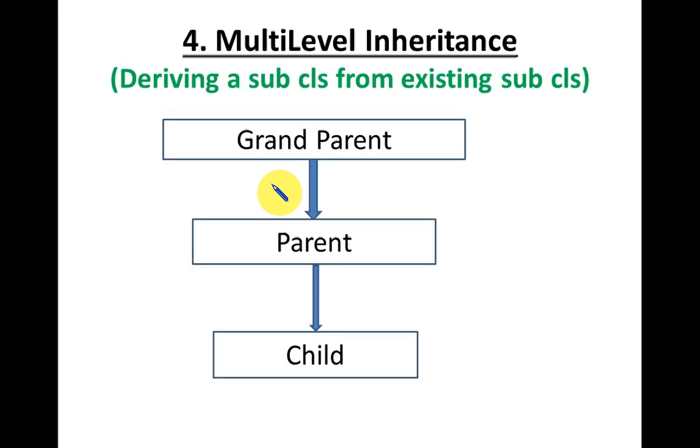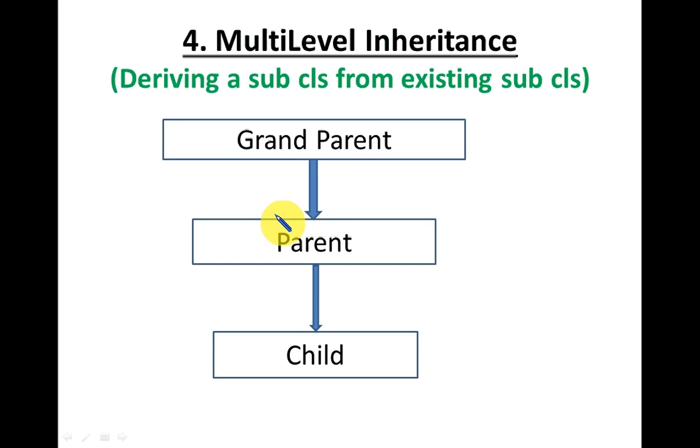So the next is multi-level. What do you mean by multi-level inheritance? Here we derive a subclass from an existing subclass. See this example. Initially we are inheriting a parent class from this grandparent class.